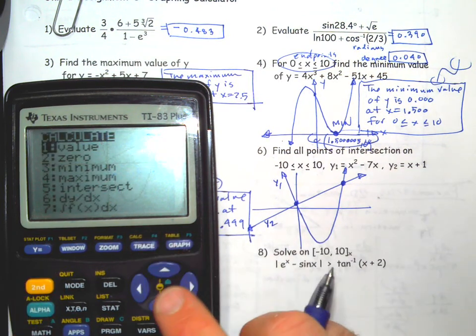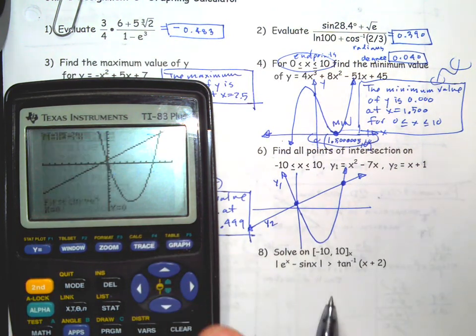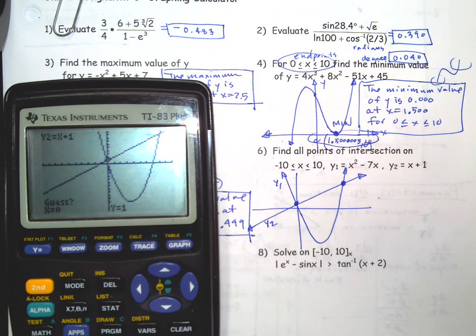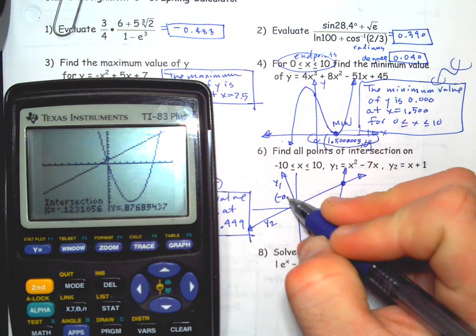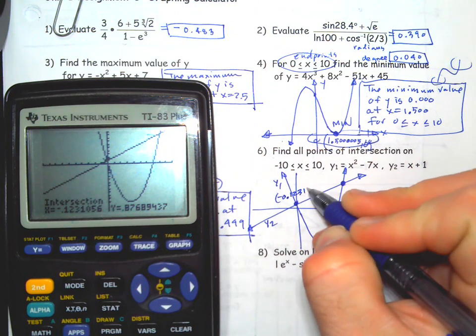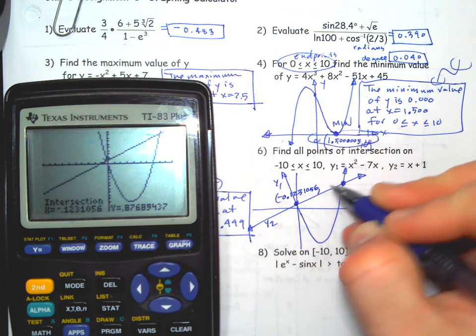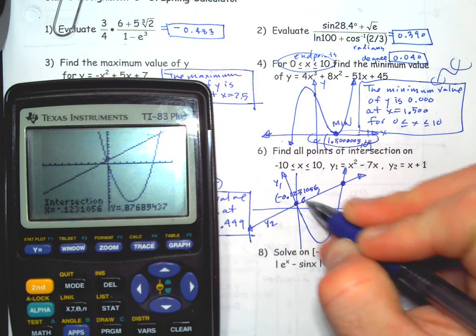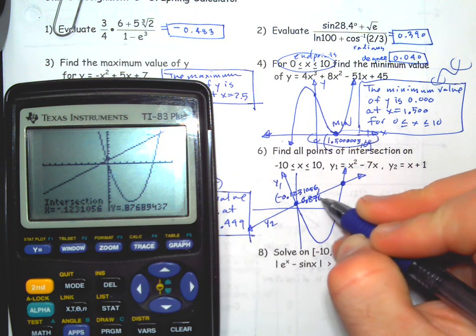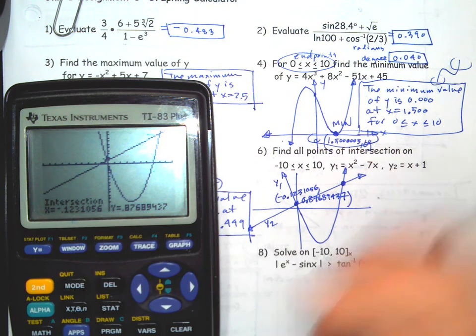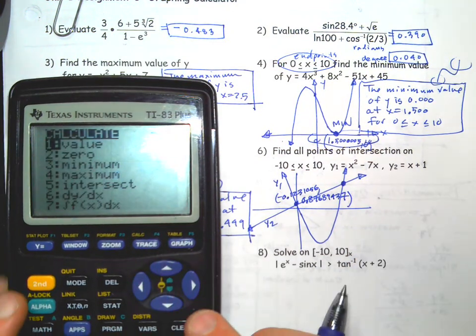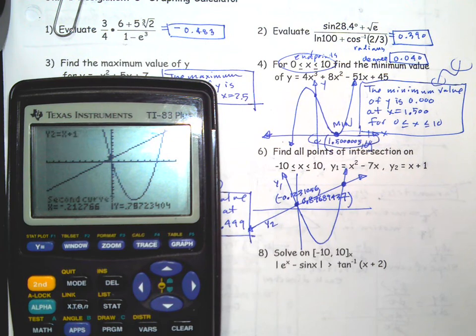You calculate, intersect, first curve, second curve, guess 0. Seems pretty close. At negative 0.123156, comma 0.8768947. And then the other one, second calculate, number 5 intersect, first curve, second curve.